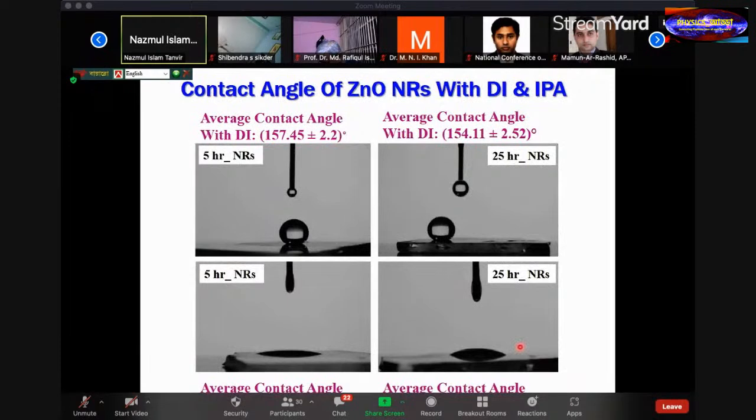We also measured the contact angle of zinc oxide NRs with deionized water and isopropanol. The average contact angle for 5 hours NRs is 57.45 plus minus 2.2 degree with deionized water, while the average contact angle for 25 hours is 150.11 plus minus 2.52 degree.